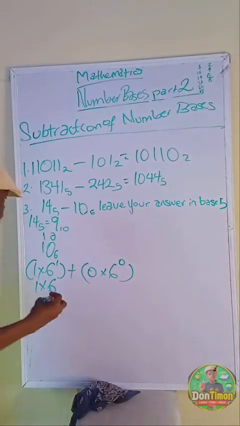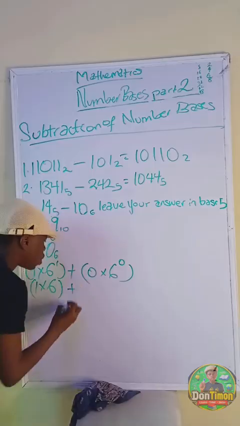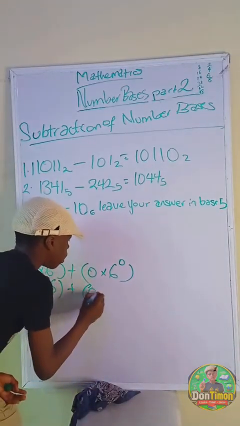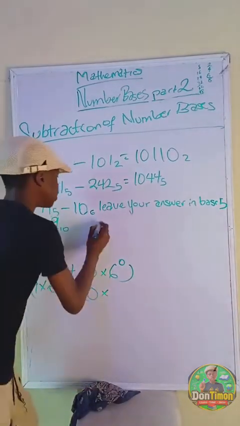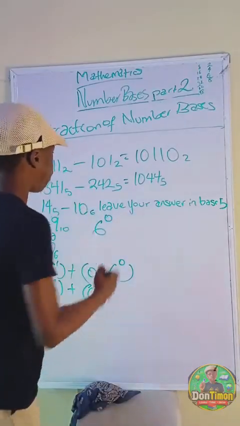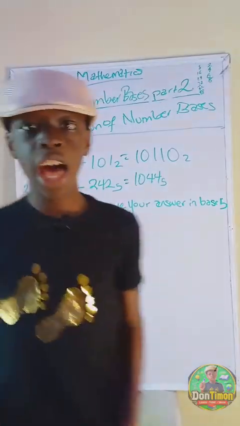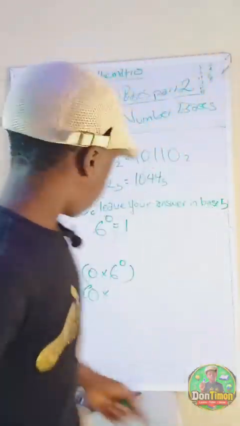So we write it down: 1 times 6 plus 0 times, as I told you before, 6 exponential 0 is 1. Any number exponential 0 is 1.